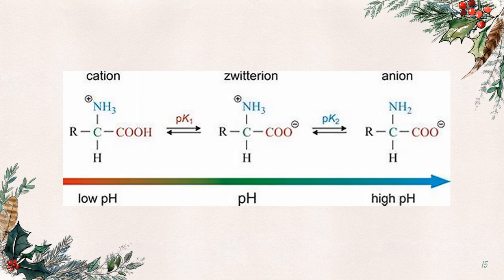At a favorable pH it acts as a zwitterion. This picture shows how they act as a cation and anion depending upon the pH. So that's all about the different classes of surfactants and their applications. Thank you all.